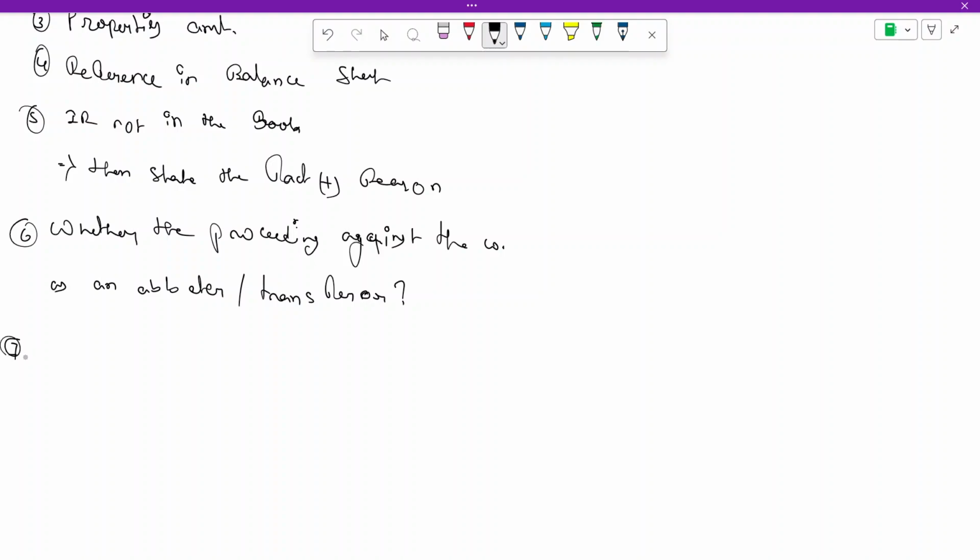Seventh will be nature of proceeding, status on particular date.